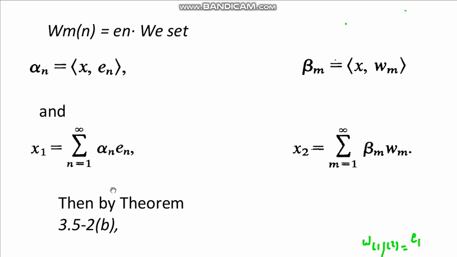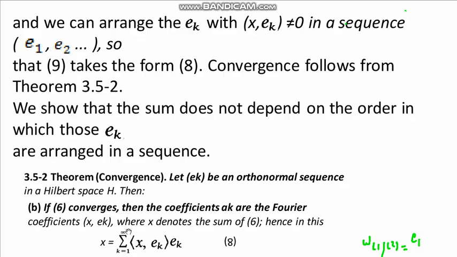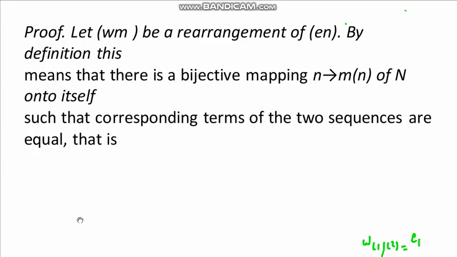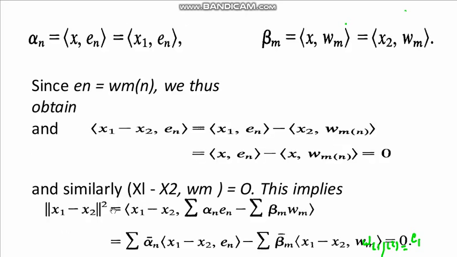Now, by Theorem 3.52 and its part B, which is the convergence theorem, we have this sequence alpha_n equal to the inner product of x and E_n, which is equal to the inner product of x1 and E_n. Similarly, this beta_m was equal to the inner product of x and W_m.